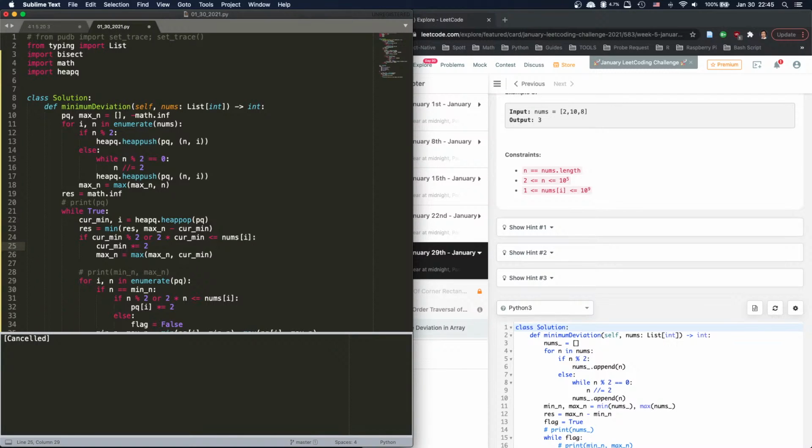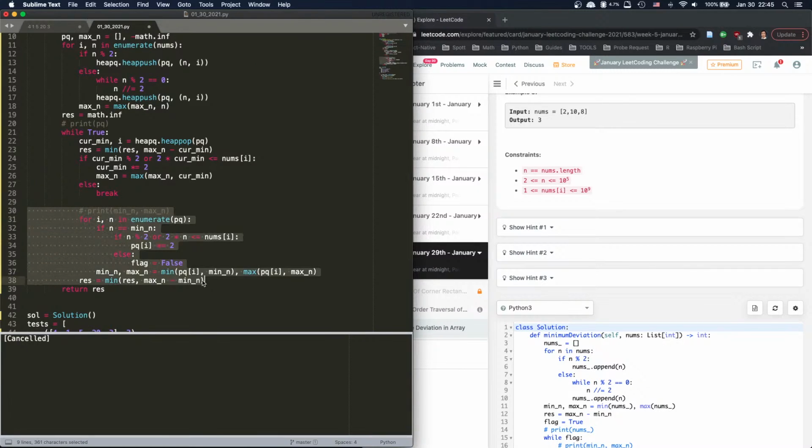Yeah, we can count it because it will not matter. Max will be this, current min will be this. This actually will be bigger, so it doesn't really matter. And else, which means the current min cannot be improved, then we break. And we return the result.